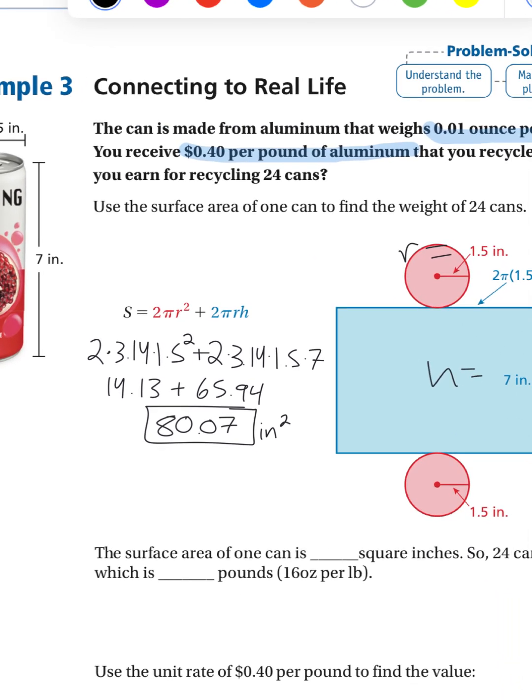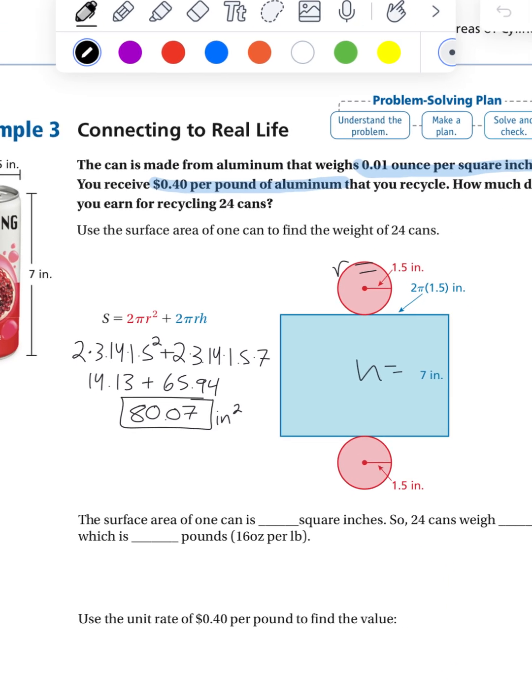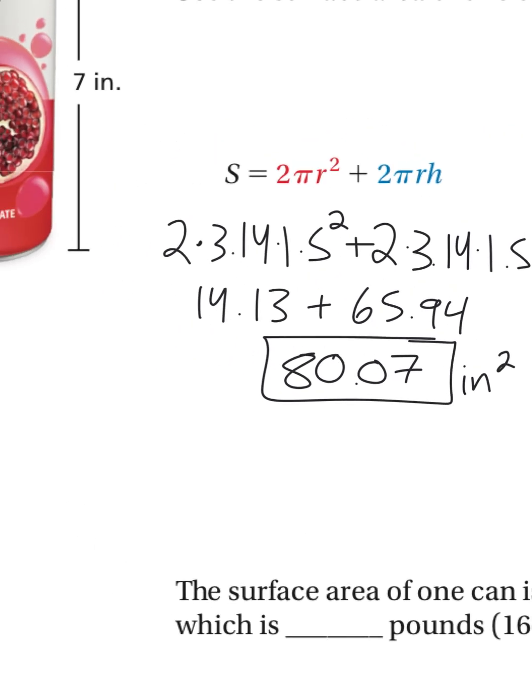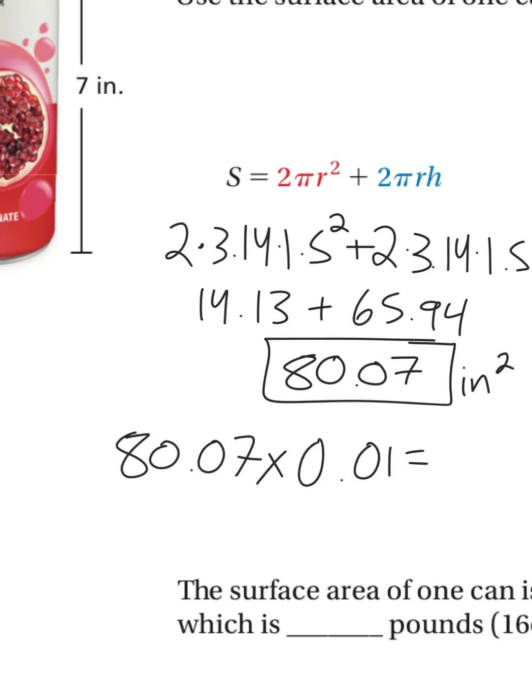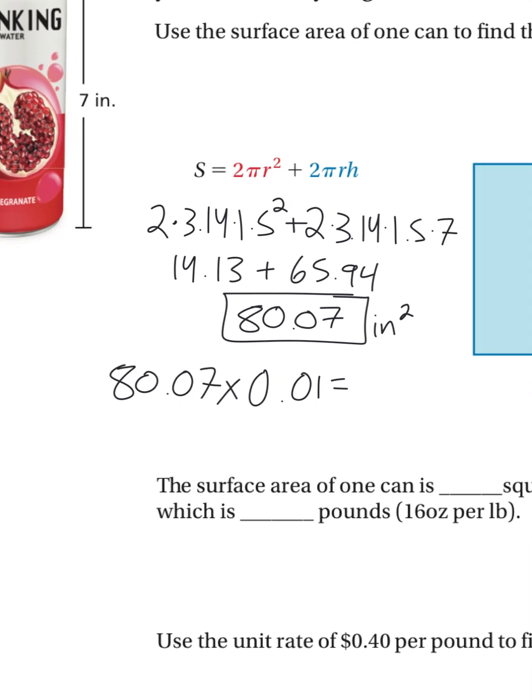So my first conversion is that each square inch of aluminum is 0.01 ounces. So what we're going to do is take 80.07 times 0.01, which is 0.8007. I'm going to drop all that and just say 0.8.